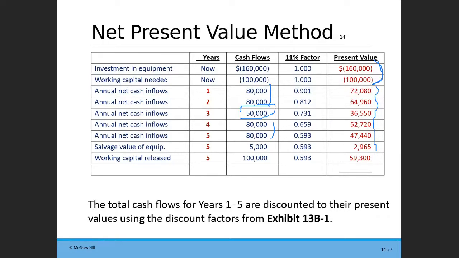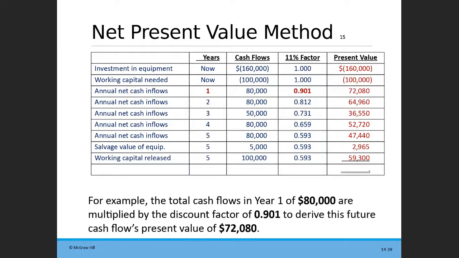So our net cash flow in year 3 is only 50. Here's our factors we looked up from that table, and our cash flows, and you do your extensions, and here's all your cash flows at present value. So 80,000 a year from now is 72,000 today.